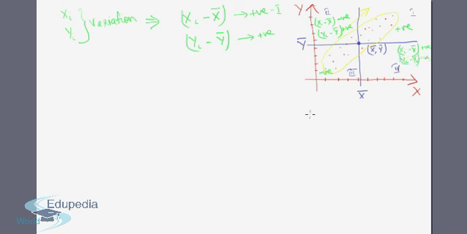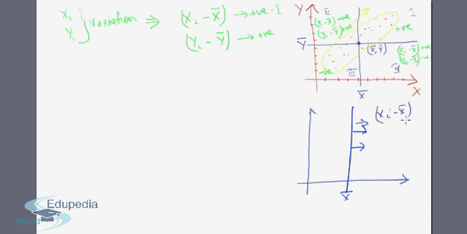In other words, let me just do this once again and show this to you. When I take this as my x bar line, right, when I take on this side of x bar, my xi minus x bar will be positive. This side, my xi minus x bar would be negative.